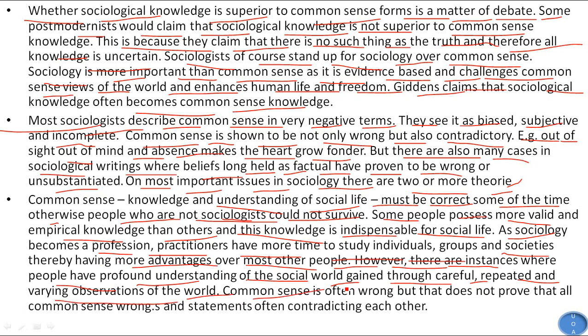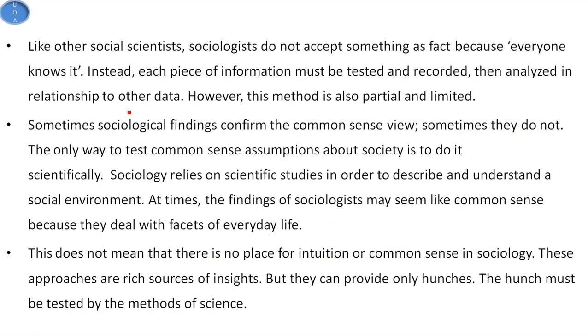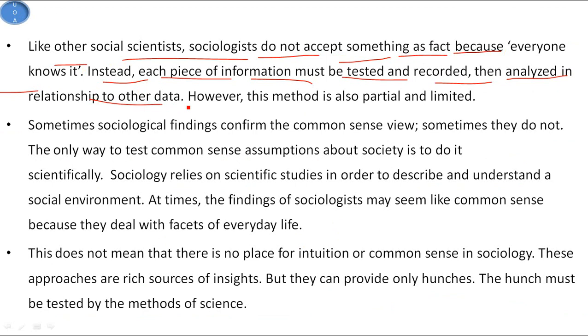Common sense is often wrong, but that does not prove that all common sense is wrong, though statements are often contradicting each other. Like other social scientists, sociologists do not accept something as fact because everyone knows it. Instead, each piece of information must be tested and recorded, then analyzed in relationship to other data. However, this method is also partial and limited.